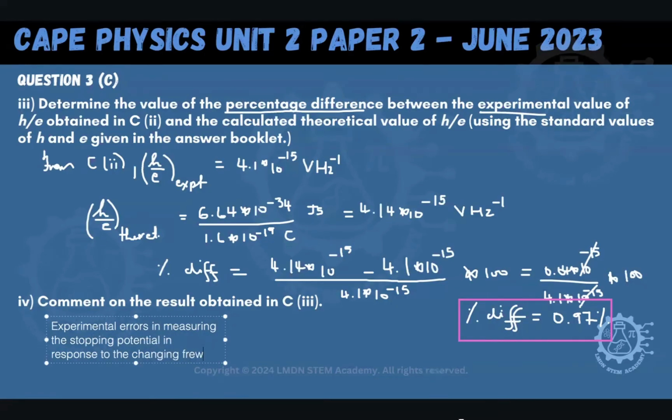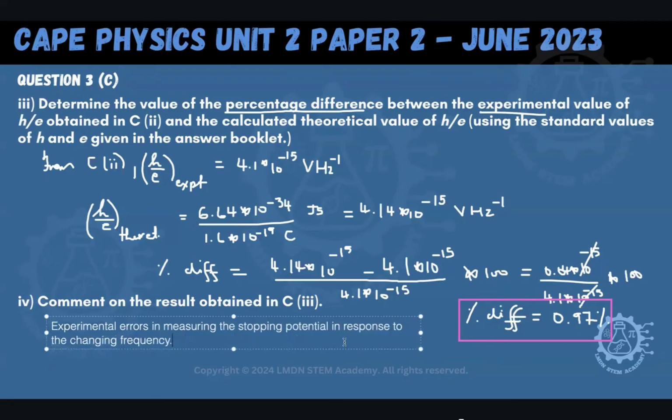You can imagine there are a variety of sources of errors there. Maybe the voltmeter is not as accurate, or the voltmeter is not properly calibrated, stuff like that.